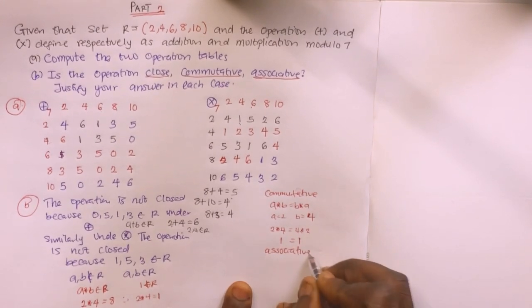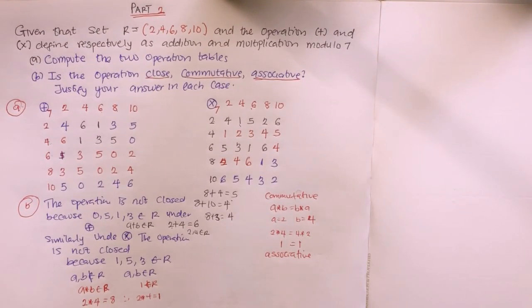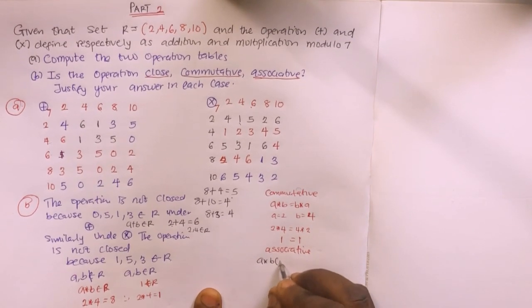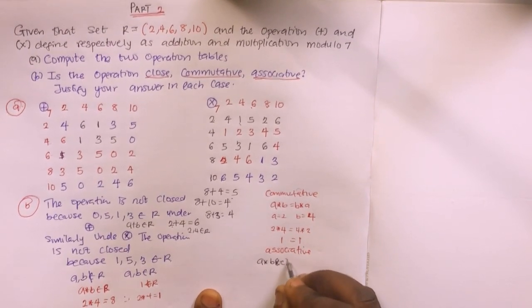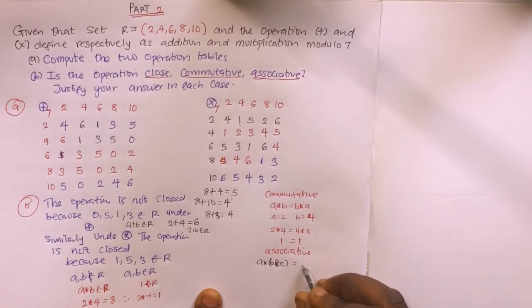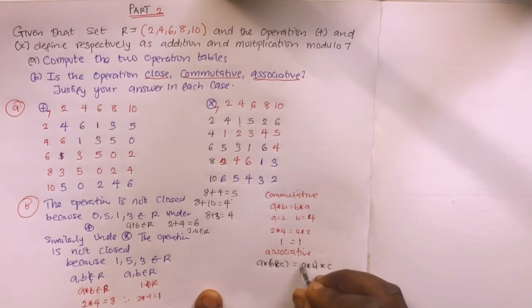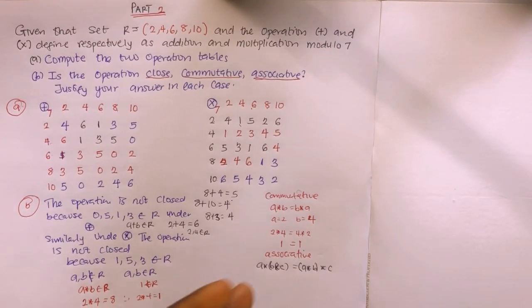Moving to associative, you need to justify your answer, because associative is telling us that A star B, in bracket, star C, equals A star, in bracket, B star C. So we have three elements here.